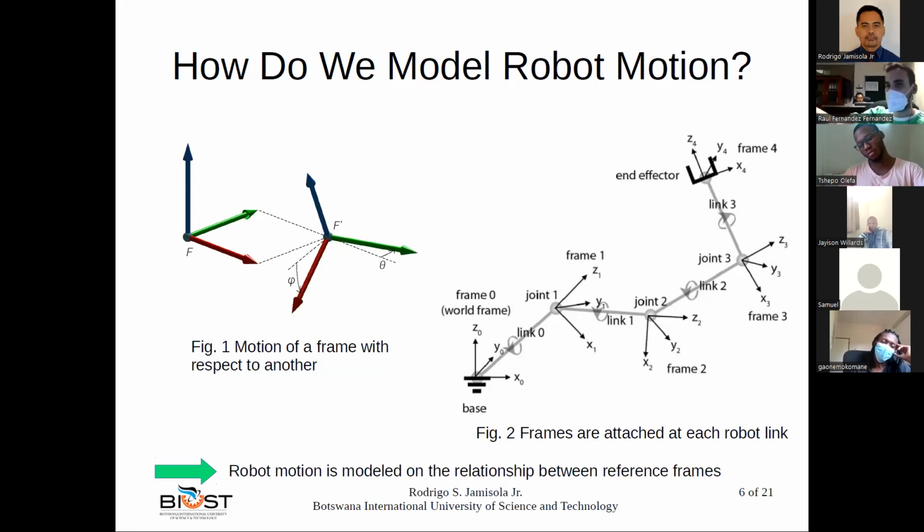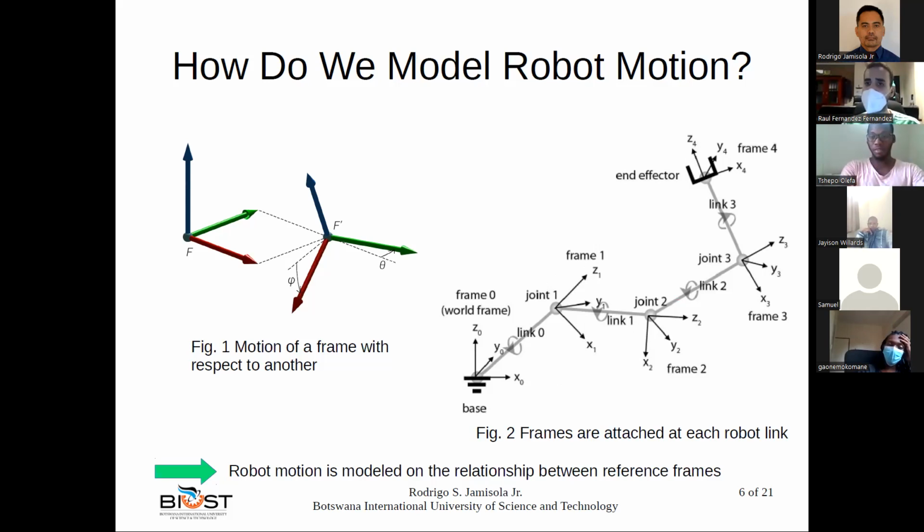You see the difference in my hand. To have it like this is very different from having it like this. Although the position is the same, orientation is very important, and that's the reason why we use frames attached to each robot joint, because we require orientation for each joint.